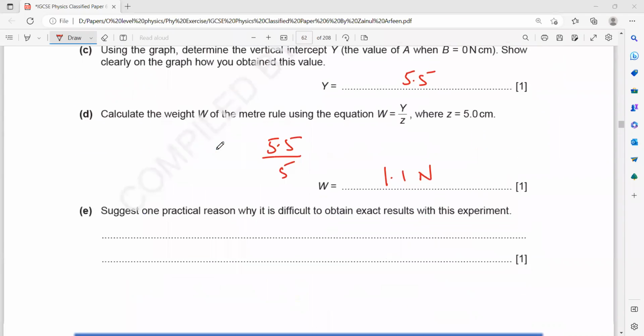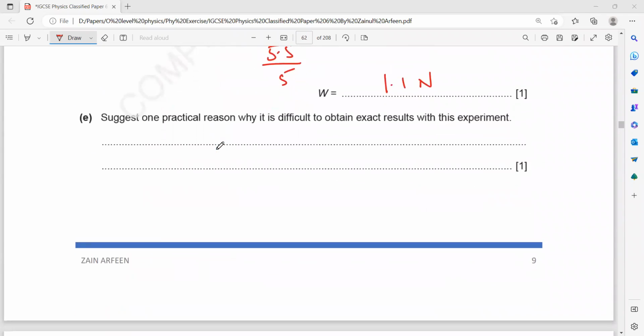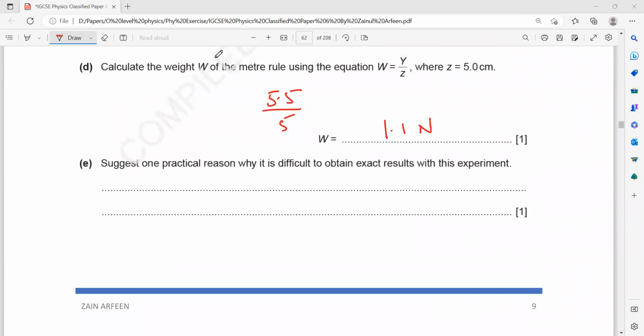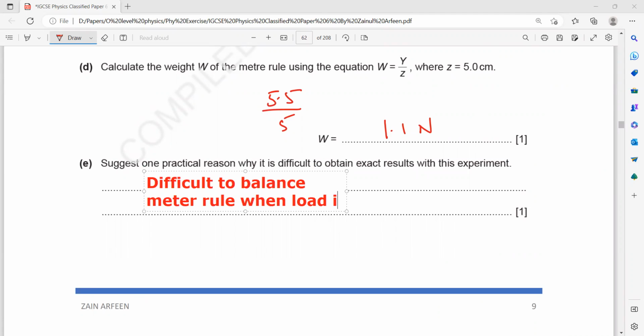And how can we overcome this difficulty? We can estimate the position before placing the loads. So: difficult to balance the meter rule when the load is placed on it.